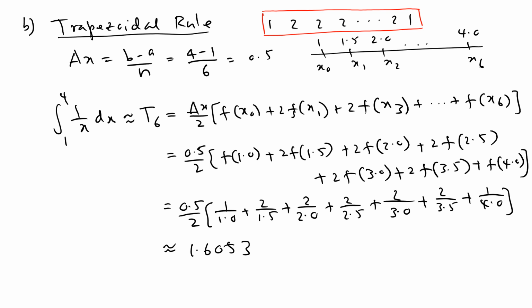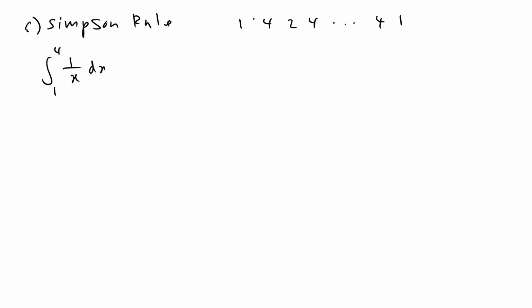So we're going to get that from the Simpson rule. The node points are the same as the trapezoidal rule. The format is 1, 4, 2, 4, 2, 4, 1. That's the end. So the rule is the integral from 1 to 4 of 1 over x dx is approximately equal to S6, which is delta x over 3.